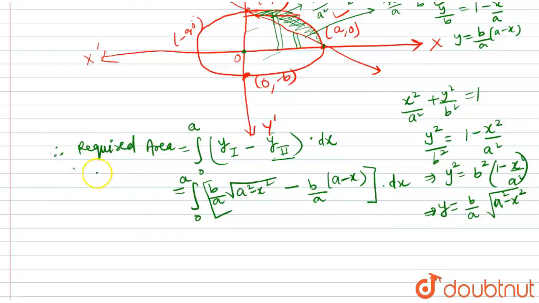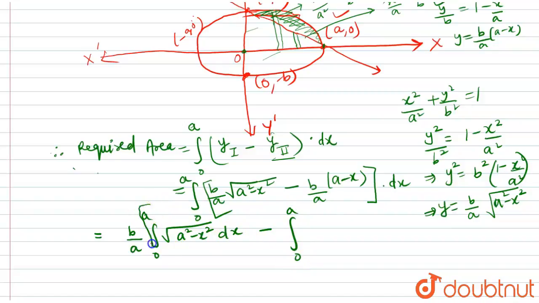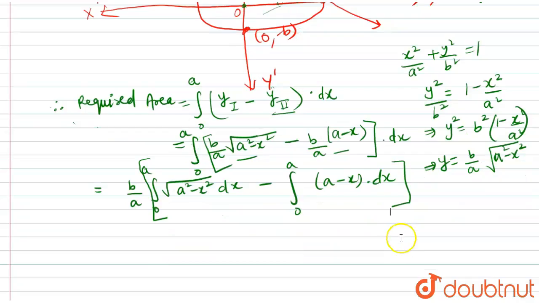So for now, quickly solving this question, this would be b upon a times the integral from 0 to a of under root of a square minus x square dx, minus the integral from 0 to a. We can take b upon a common from both the integrands because that is common in both of them. So we can now do the integration of these two integrands. What is the formula for the integration of under root of a square minus x square?